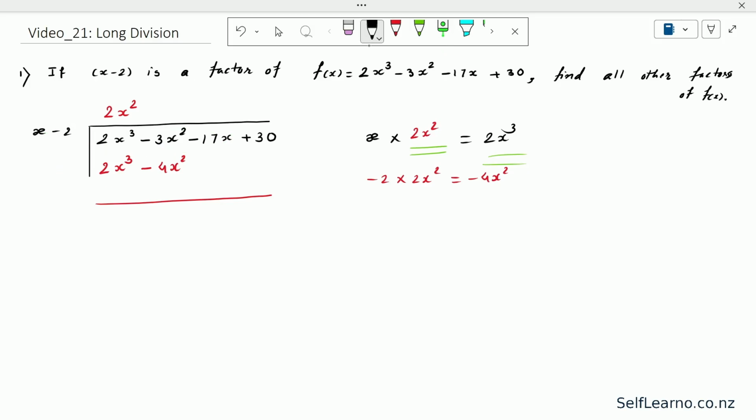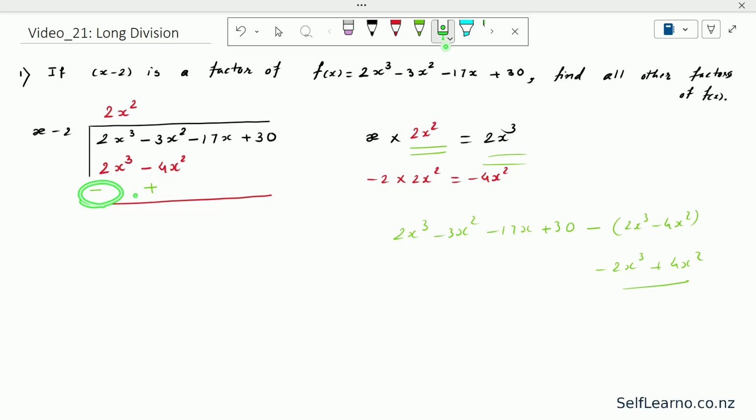So for that purpose, I will change the sign of all terms. What is happening here? From this, I am subtracting 2x cube minus 4x square. When we subtract, the sign will be changed. Okay.